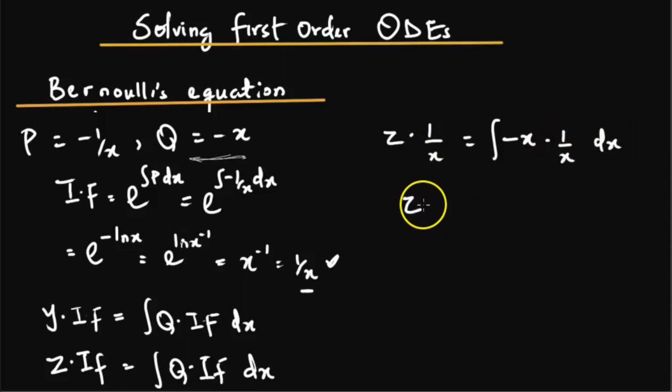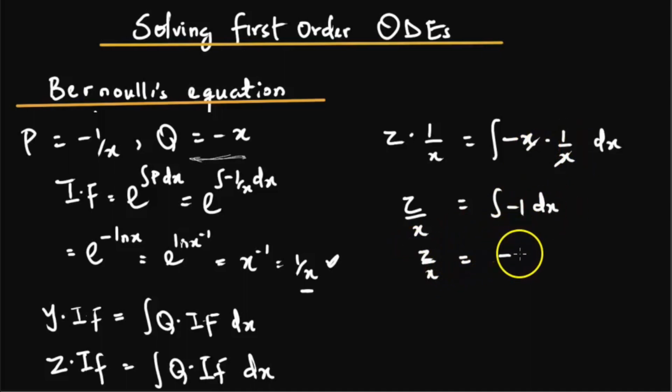And we have z over x equals the integral of minus 1 dx. And this becomes z over x equals minus x plus c. So z equals minus x squared plus cx. Alright, so this is not our final answer. We want to obtain the value of y.